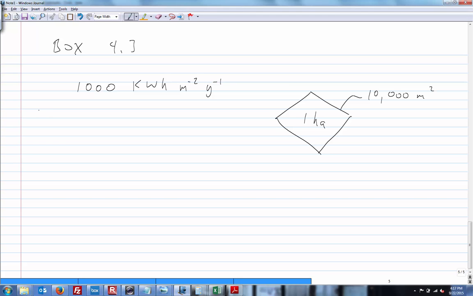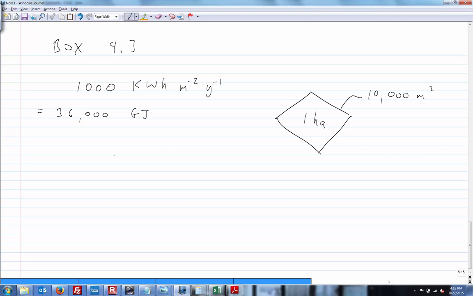So this equals 36,000 gigajoules. Okay, so after losses, about 1/8 of it reaches the crop at the right time.